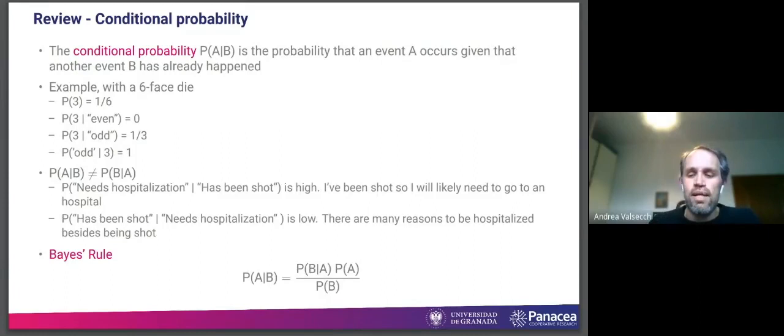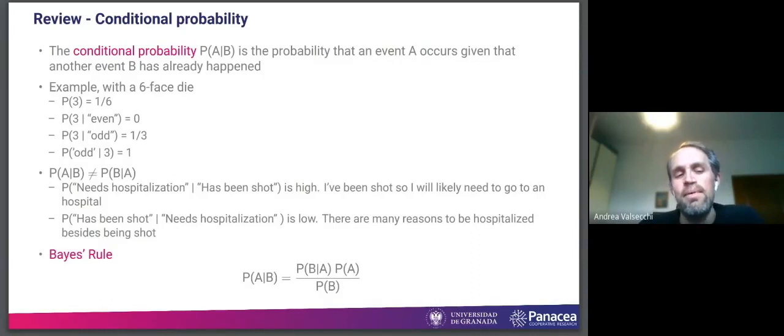Let me give you another example. One property of the conditional probability is that it has a sort of direction. So the probability of A given B is not the same as the probability of B given A. So here we have hopefully an intuitive example.